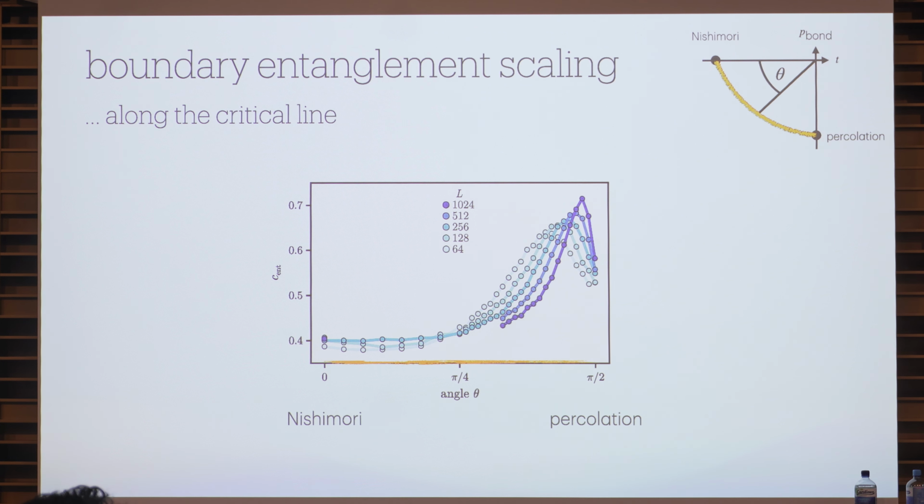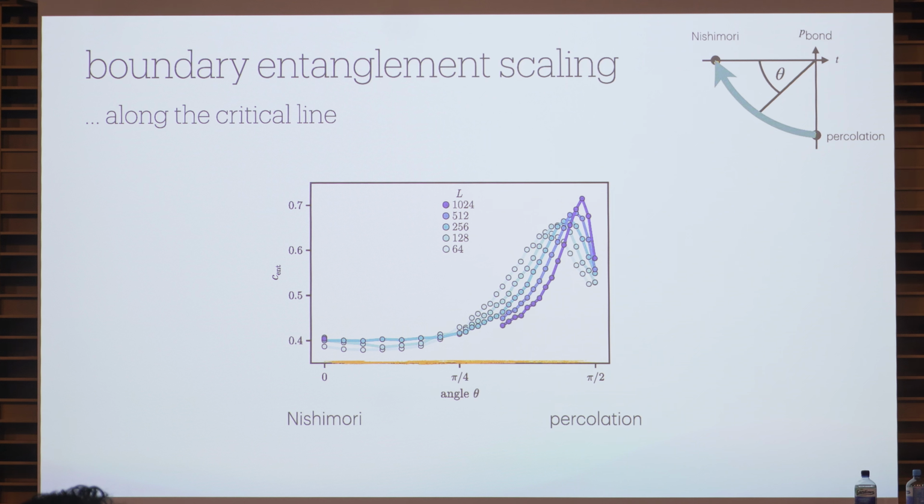And if you would extrapolate this to infinite system sizes, you may argue that this peak actually then sits exactly at the percolation point, and you again have some kind of step function behavior.